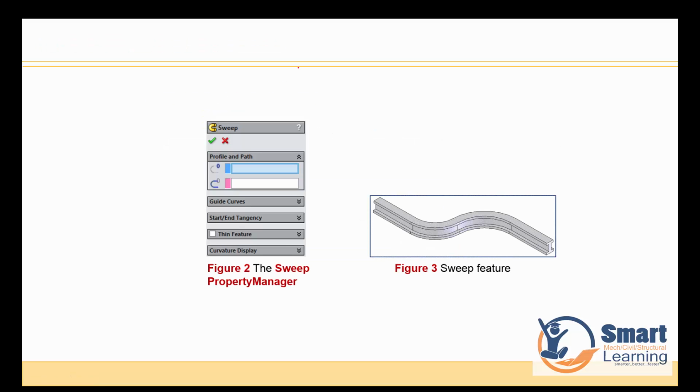And this is something like this. So here you have the profile and the path, and here you can see the preview is about the cross section. Under this you'll be selecting the cross section here, and under this you'll be selecting this particular path, whatever path you have.